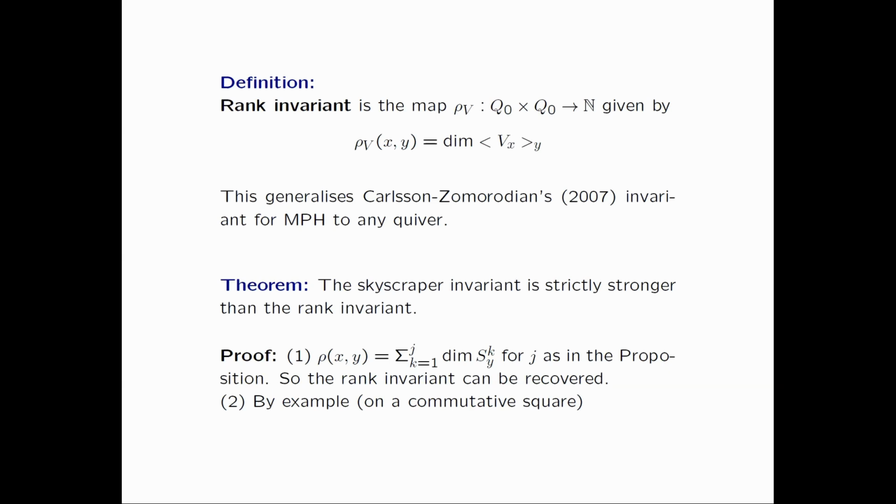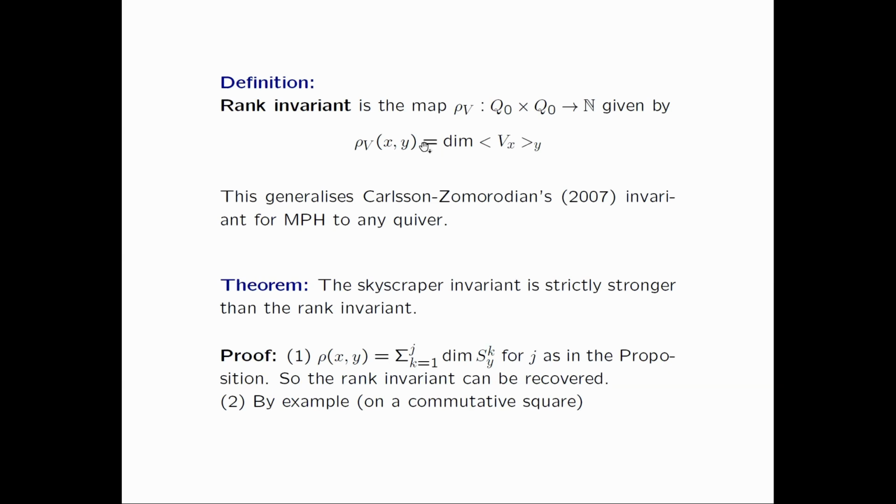And in our language, we can formulate that as: I look at the submodule generated at x, and I just look at the dimension of what happens at y. That's the image. So this formulation also completely generalizes this rank invariant to any quiver. And indeed, the skyscraper invariant is strictly stronger than this invariant.